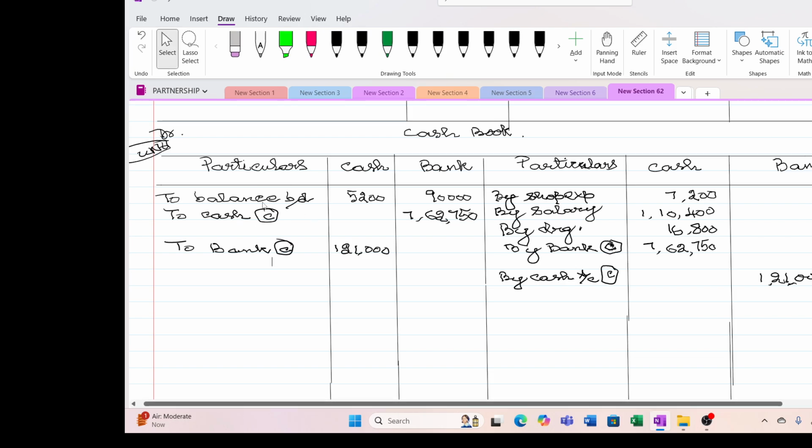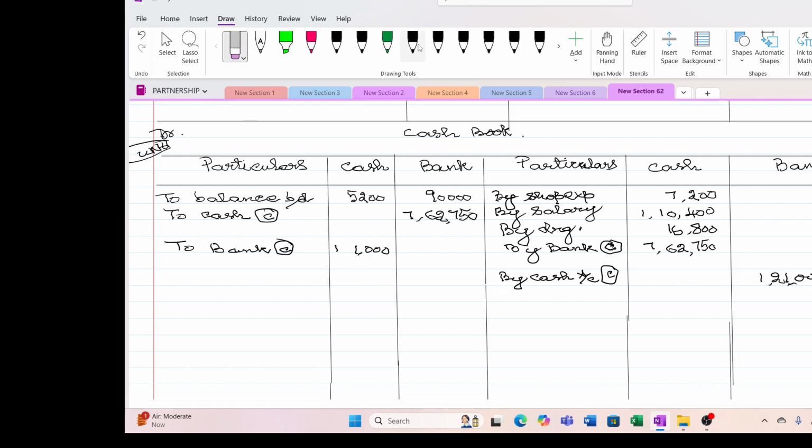So I'll make the two proper, 1,21,000. Okay. Next entry we will see. The third one is cash payment to suppliers, 77,200. So it is a cash payment to suppliers.